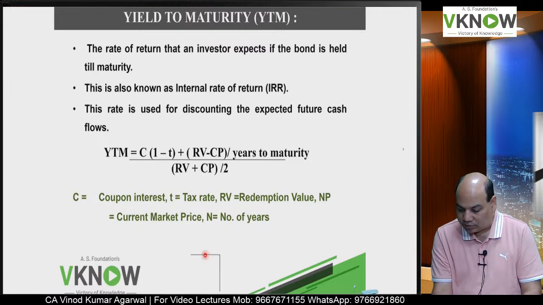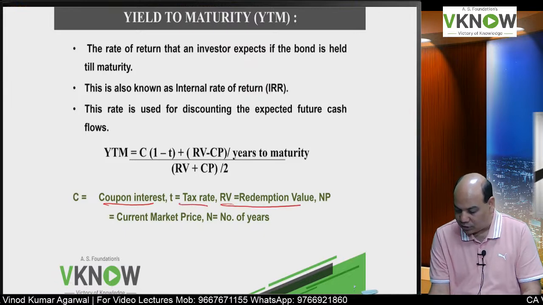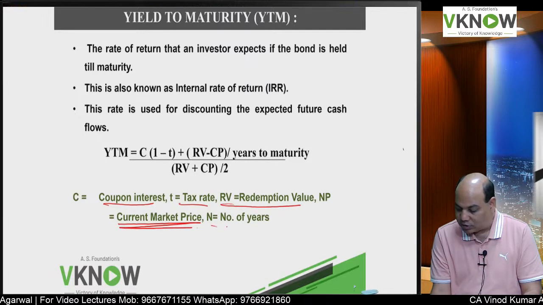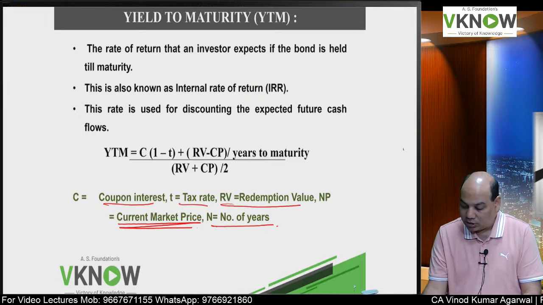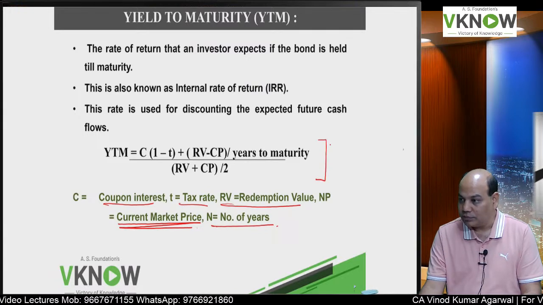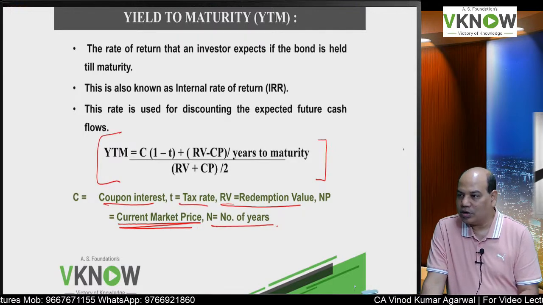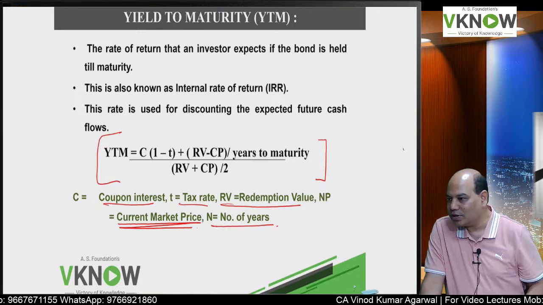What is C here? Coupon interest. T is tax rate. RV means redemption value. CP means current market price, and N means number of years. Sir, we have learnt this formula in calculation of cost of debenture also in the intermediate. You are right. Cost of debenture is nothing but the rate of return to the investor.